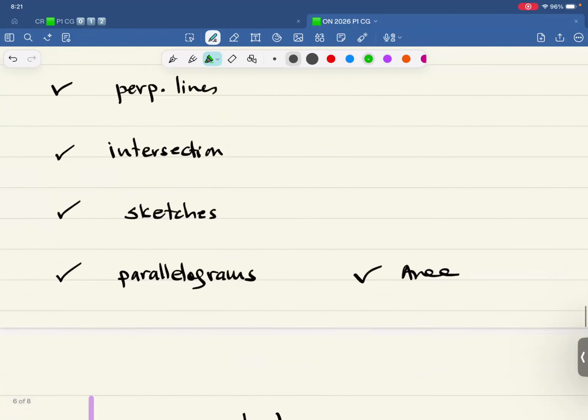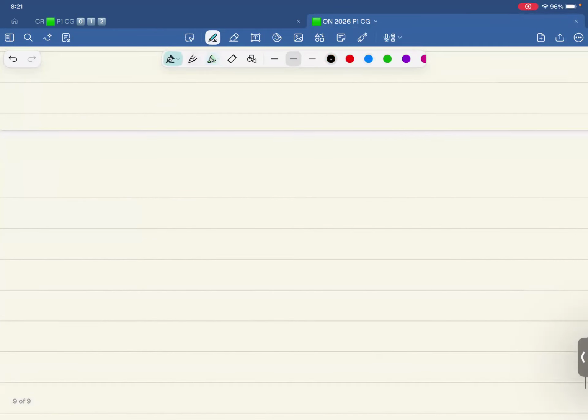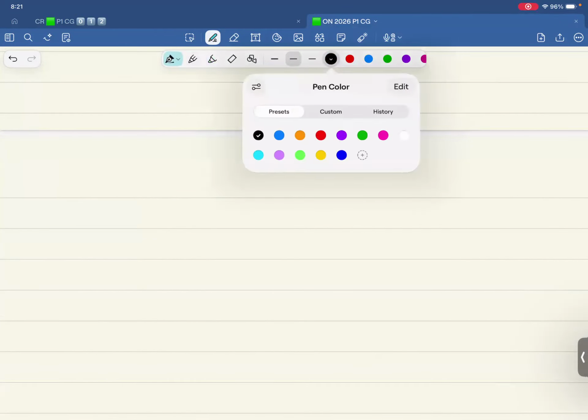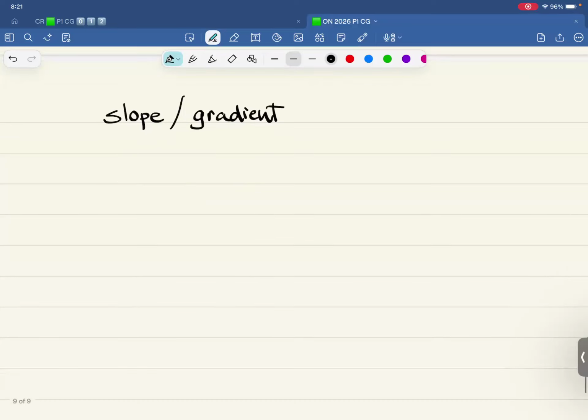Let's talk about slope and gradient. So we are going in a particular order. For slope, or gradient, we use the symbol small m. M is y2 minus y1 over x2 minus x1.